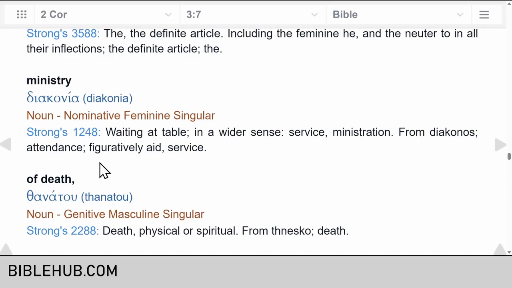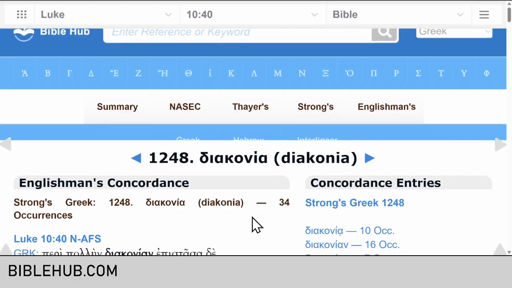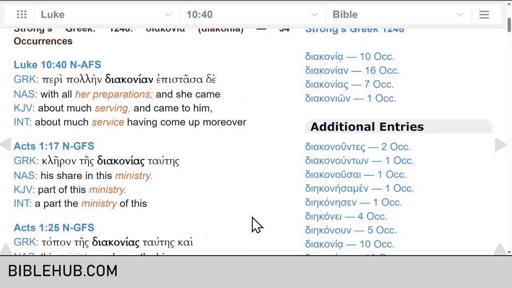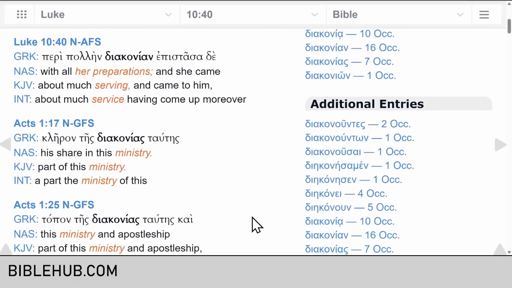That they have the same root word. So service, ministration, waiting at table. So that's what ministry means. It's you're waiting on somebody's table, or you're attending them, serving them, and you can come over here and see how it's used in different places.